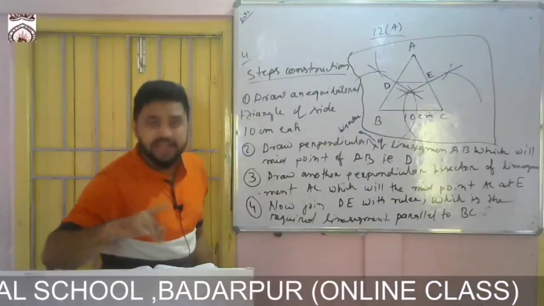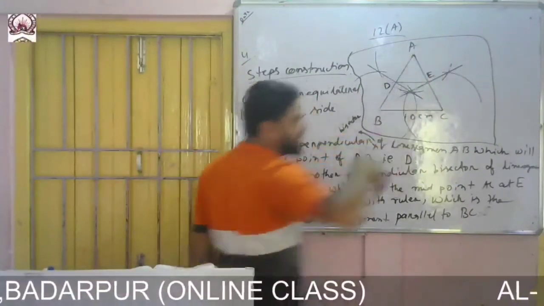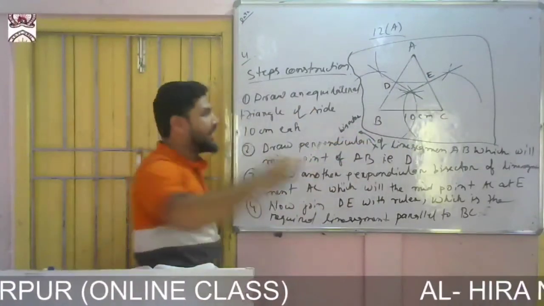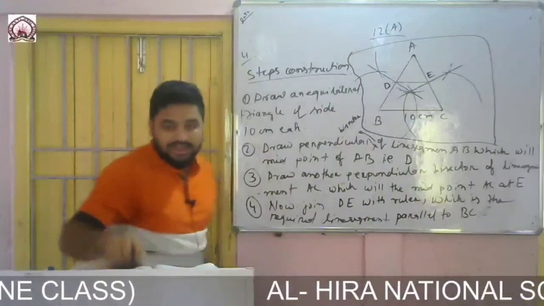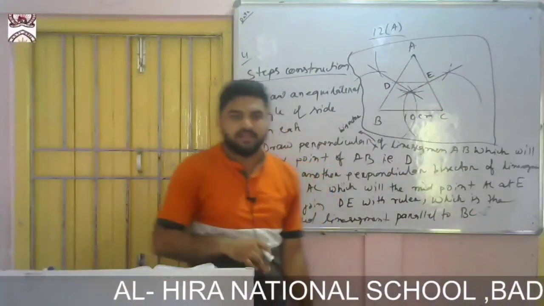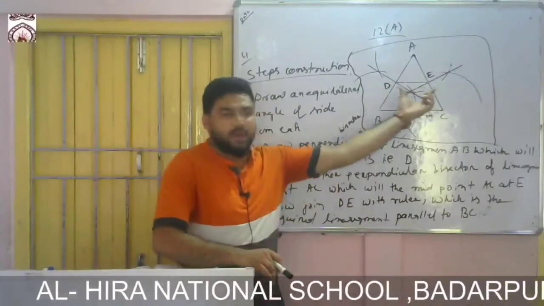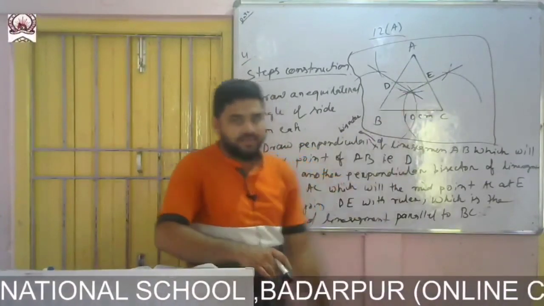After drawing, you measure with your ruler and check whether AE and EC are equal or not. If AE and EC are equal, then D and E are the correct midpoints, and then DE equals half of BC.